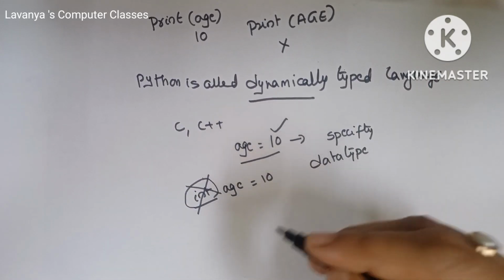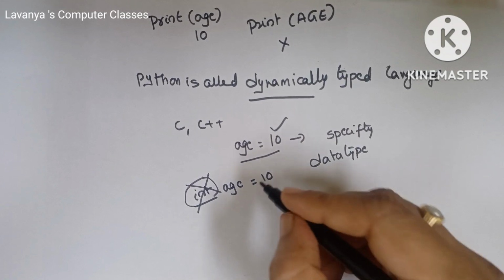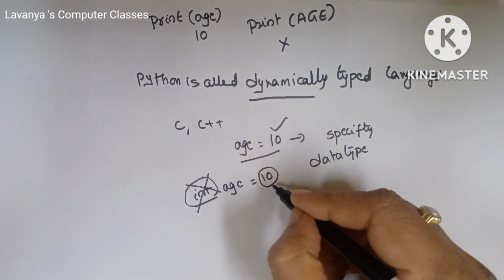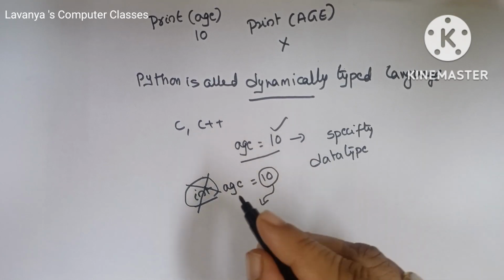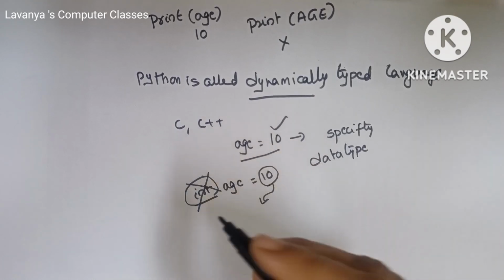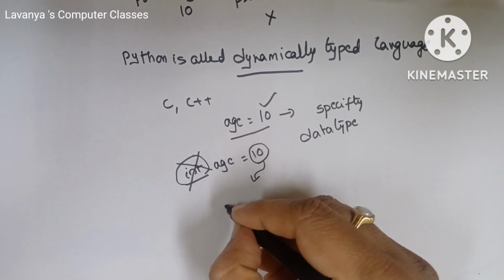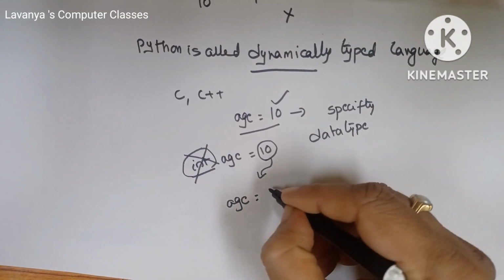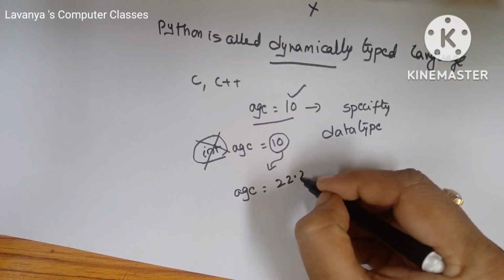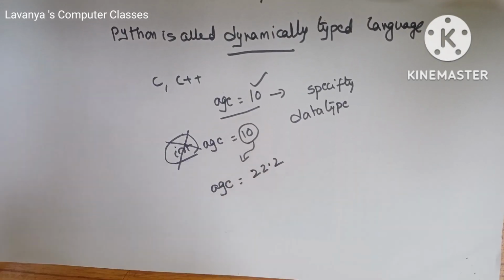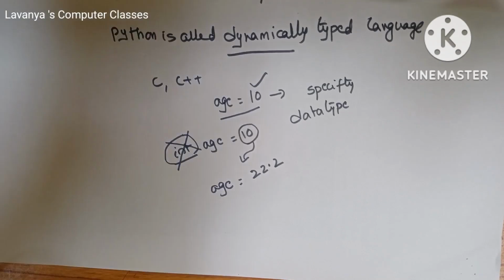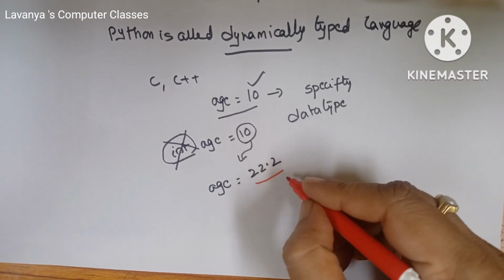Whenever executing the Python program, at that time, depending upon the value we have given in this variable, it takes the type of the data accordingly. For example, I will give age = 22.2. That means 22 years 2 months. Which type of data is this? This is a numerical value with a floating value, the float data type.